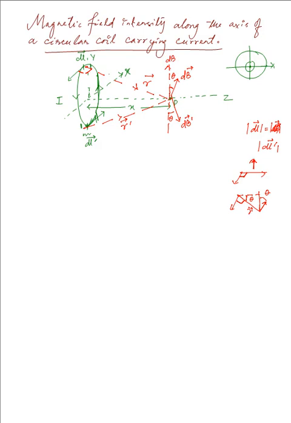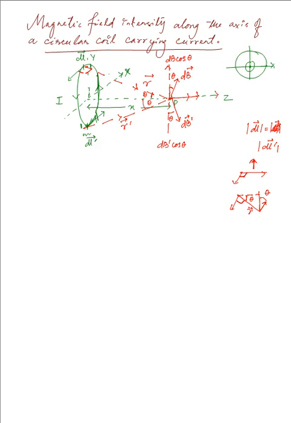Now with those angles taken into account, you have the cosine component of each of those fields, dB cosine theta and dB prime cosine theta, acting exactly in opposite directions. Now this angle theta that you see is also equal to this angle theta over here, that the position vector makes with respect to the horizontal z-axis in this case. So from that, we get two sine components, that is dB and dB prime's sine component.